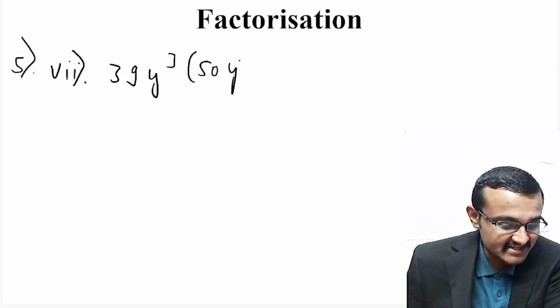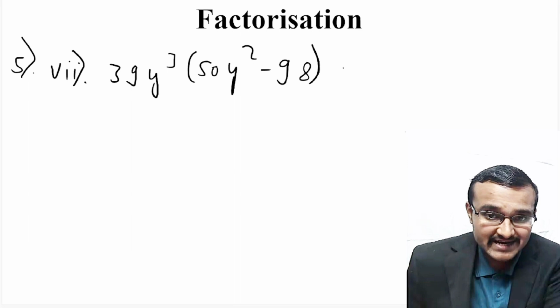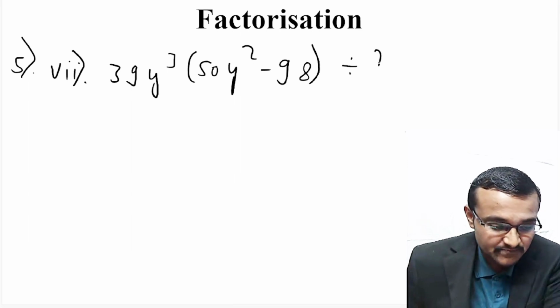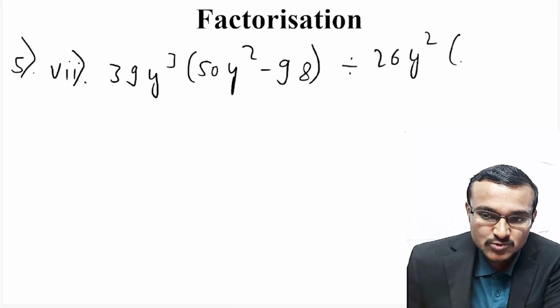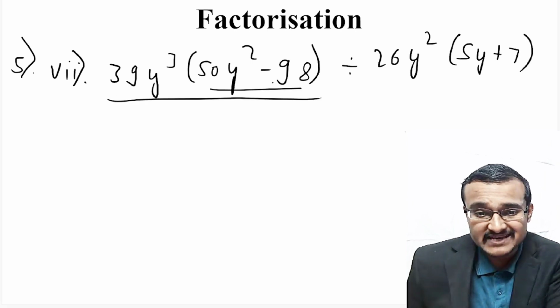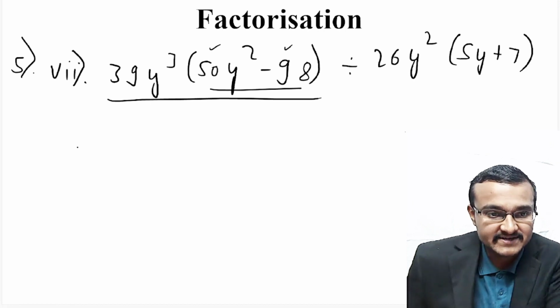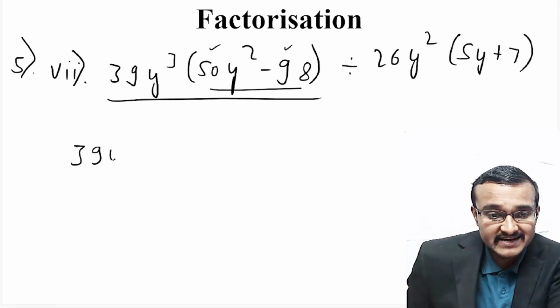Coming to the seventh question, they have given 39y³(50y² − 98), divided by 26y²(5y + 7). In this algebraic expression, you can take 2 common from 50 and 98.